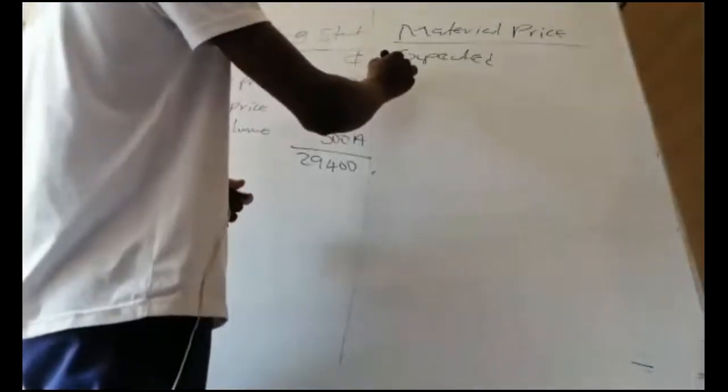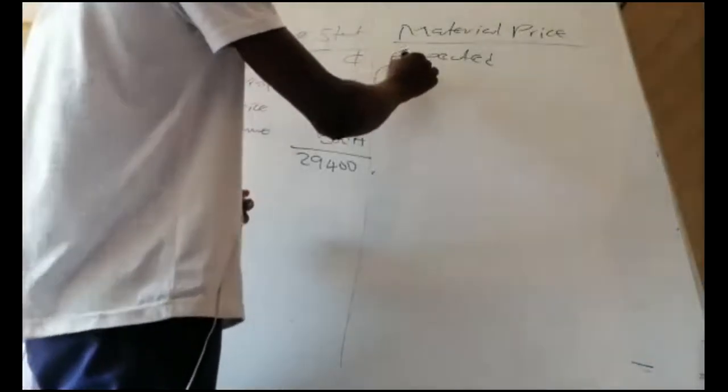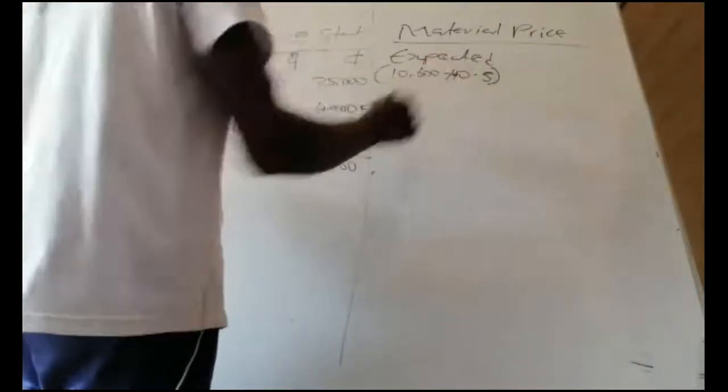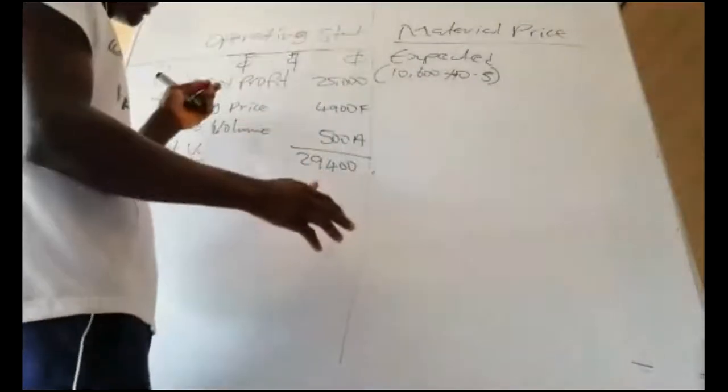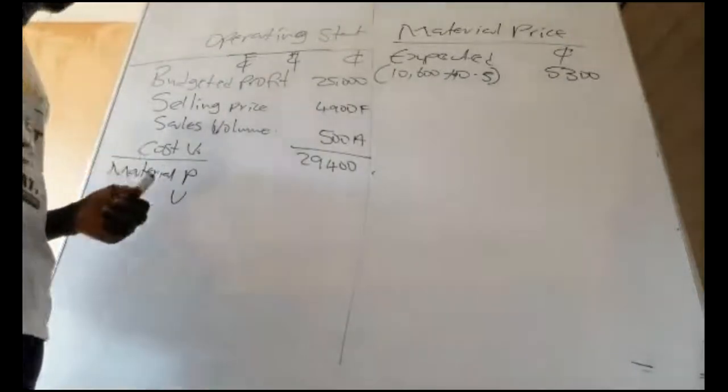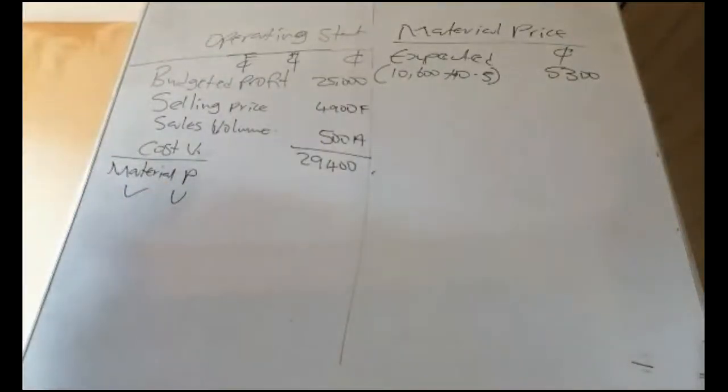So it will be the 10,600 times 0.5 Ghana cedis. So that should give us 5,300. Good, if the calculator gives us the right answer.